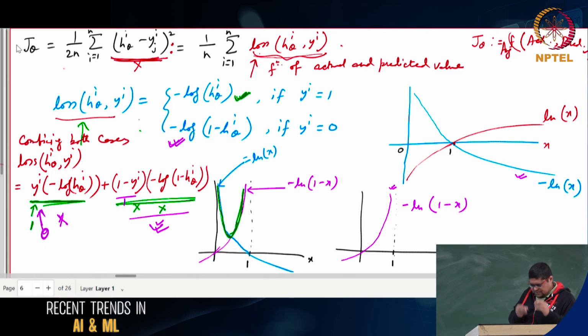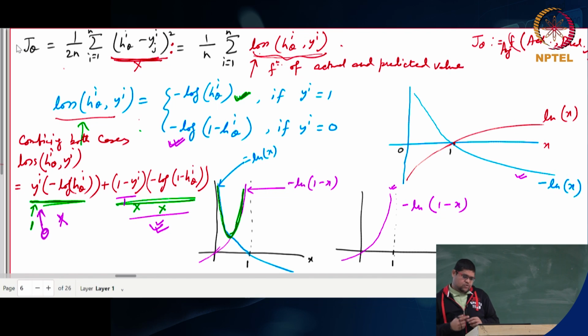So once again, try to think. Now we will start the neural network part. That was our main objective.